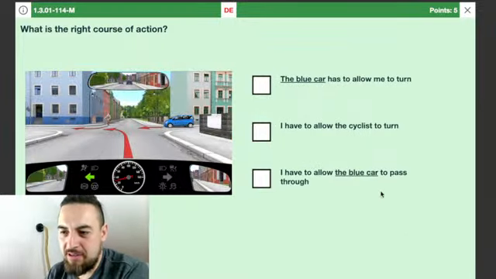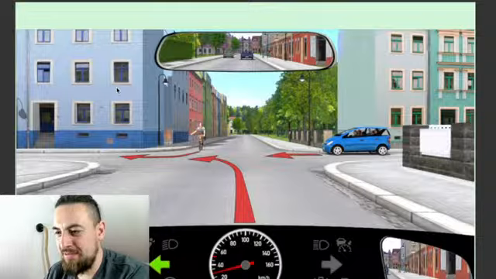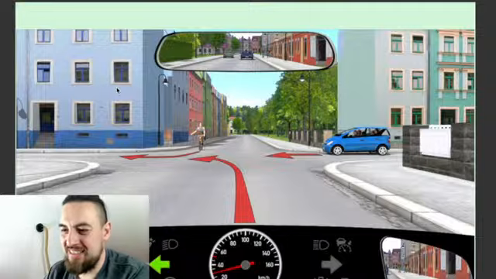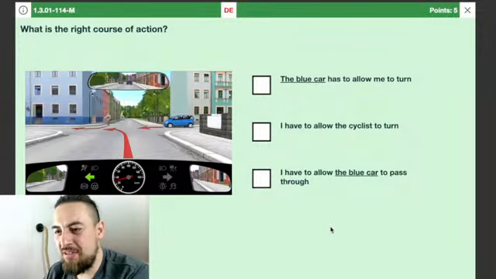Okay, what is the right course of action? Let's open that one. I give you some time. Okay, let's close it. What is the right course of action?